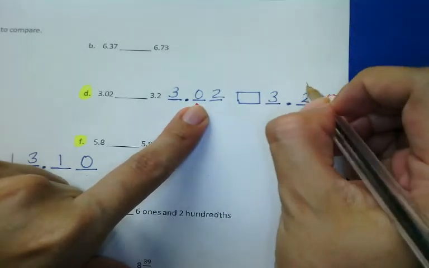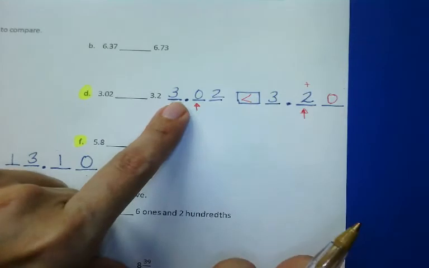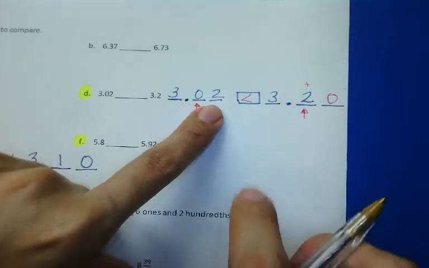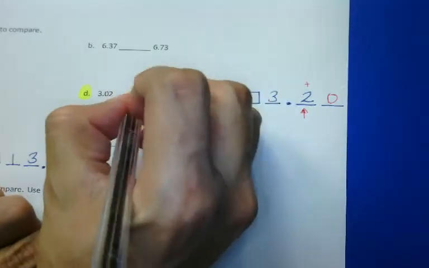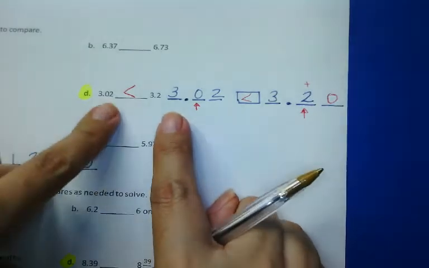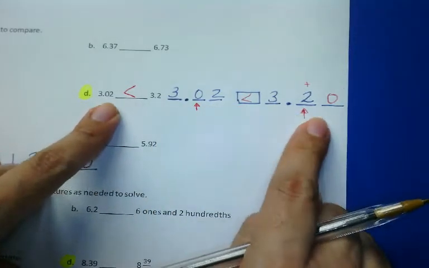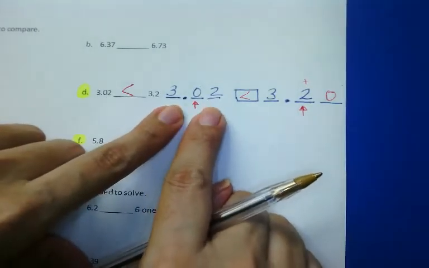The 2, right? Therefore, I could say that 3.02 is less than 3.2. So again, be very careful where your digits are placed in each of the place values.